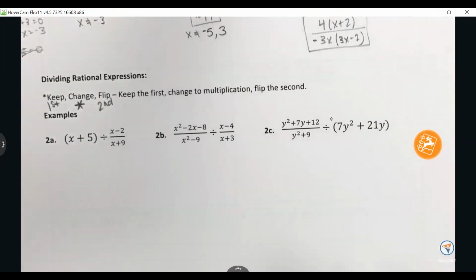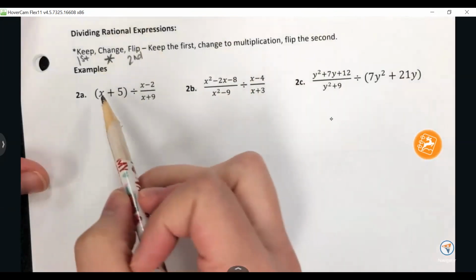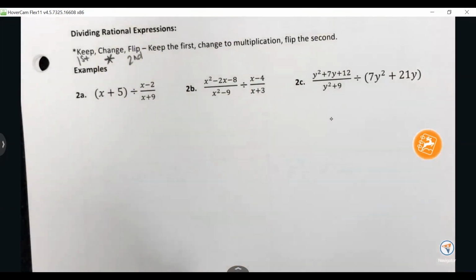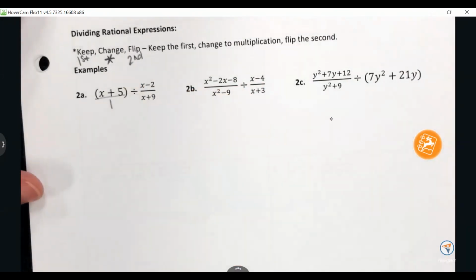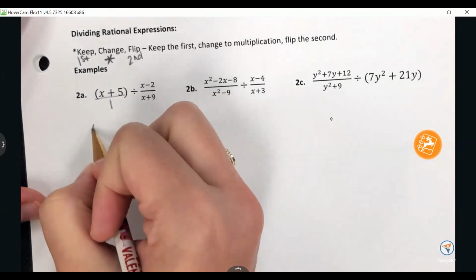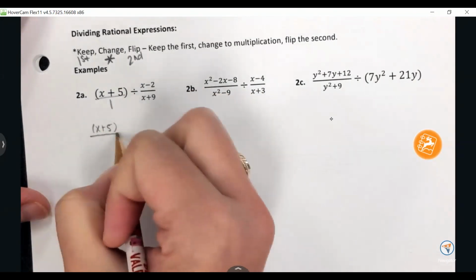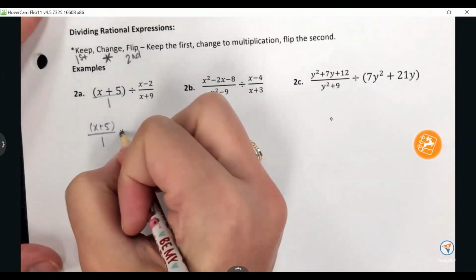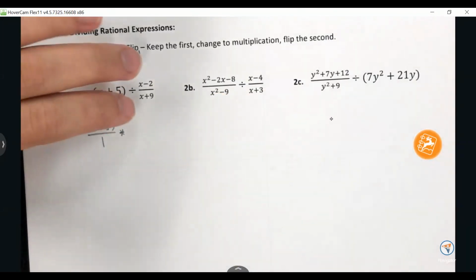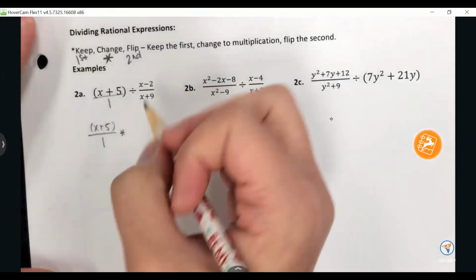Go rewrite your problem. So first of all, this says x plus 5. How can I write x plus 5 as a fraction? Over 1. So I'm going to keep x plus 5 over 1. My division becomes multiplication. And then I'm going to flip the second fraction.